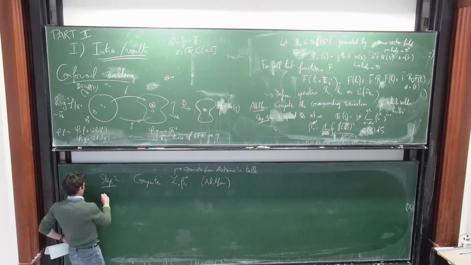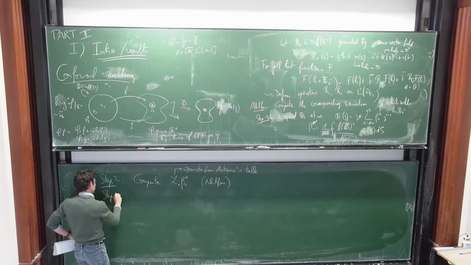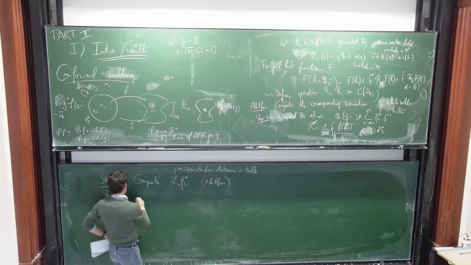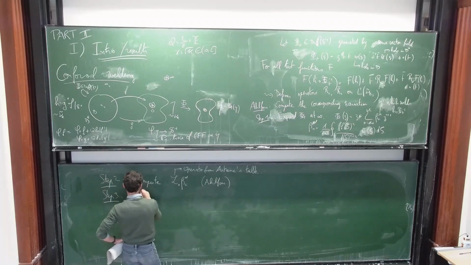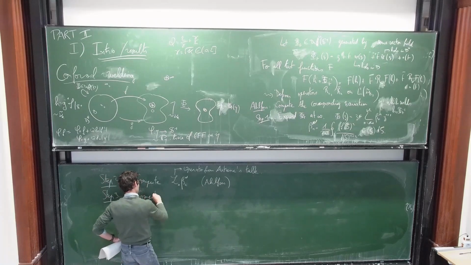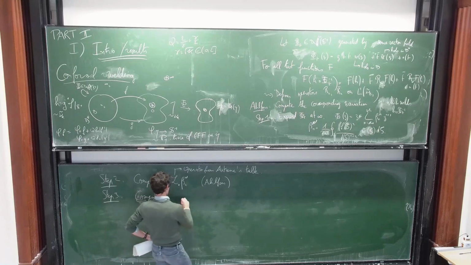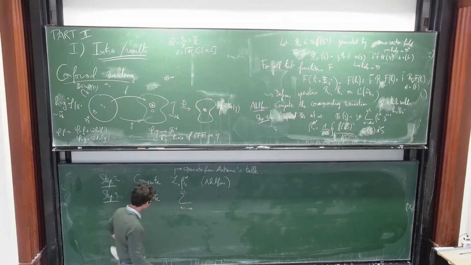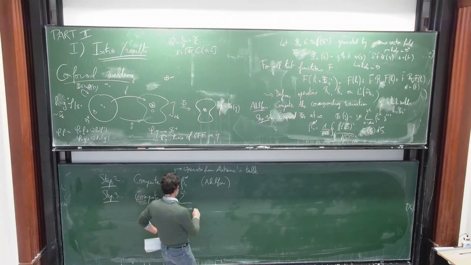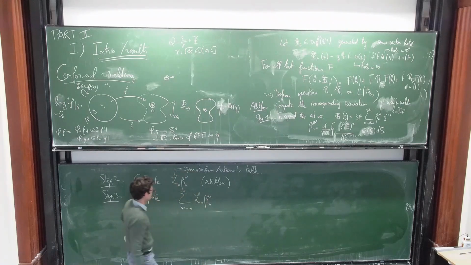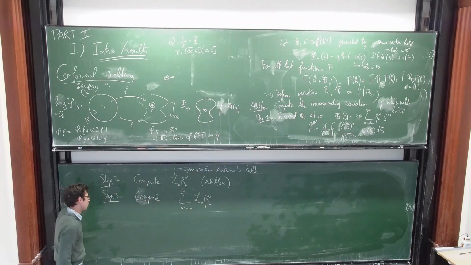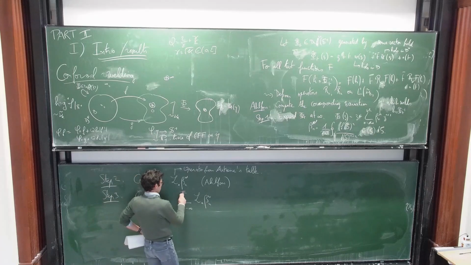And step 3 is you have to sum it up. So you have to compute the sum from minus infinity to minus 1 of L_n beta n. And by some kind of magic computation, it actually sums up.